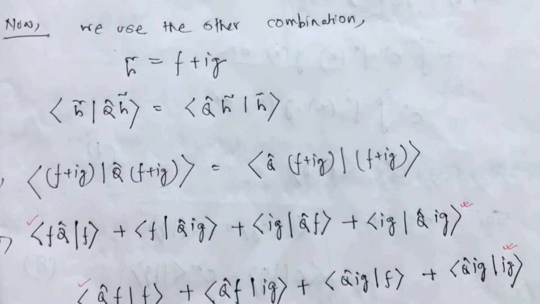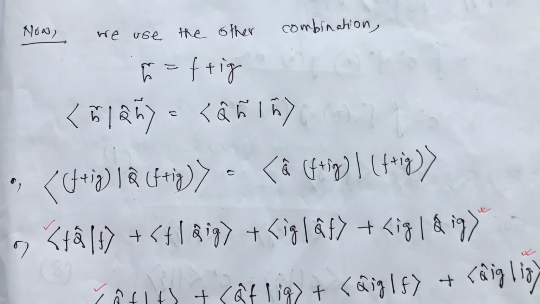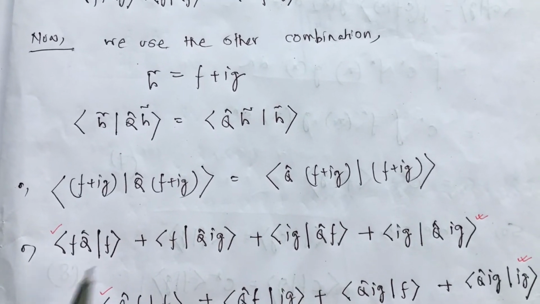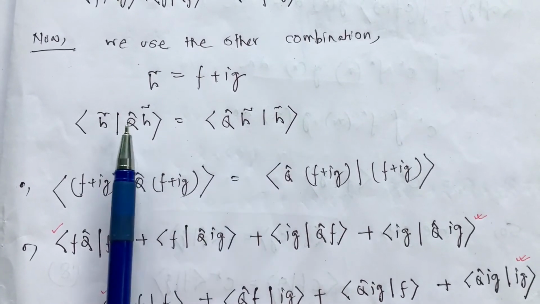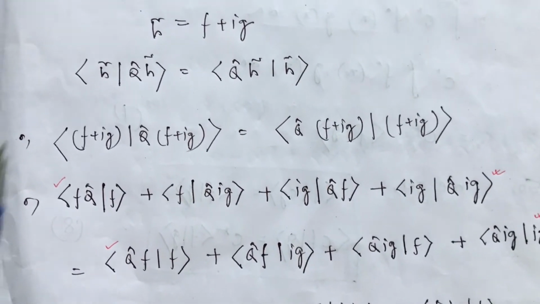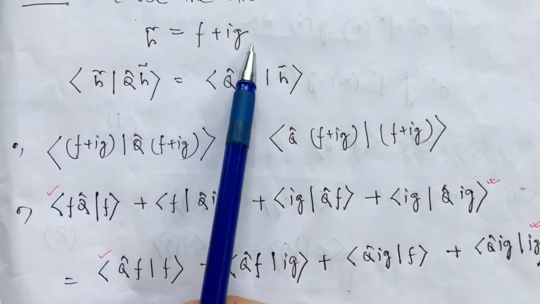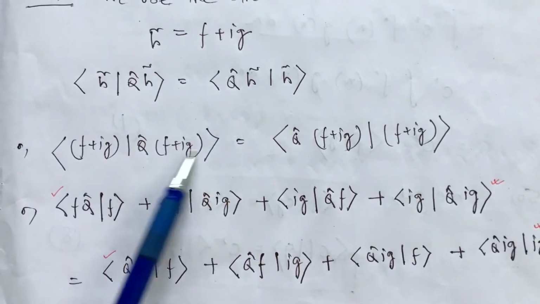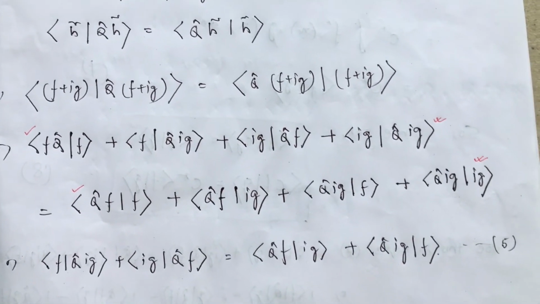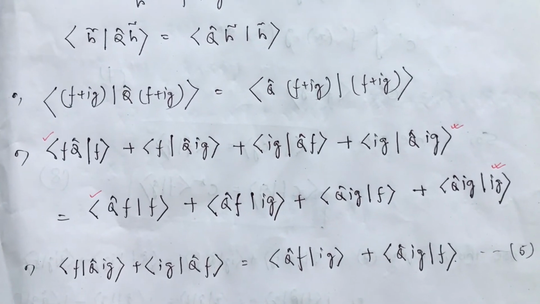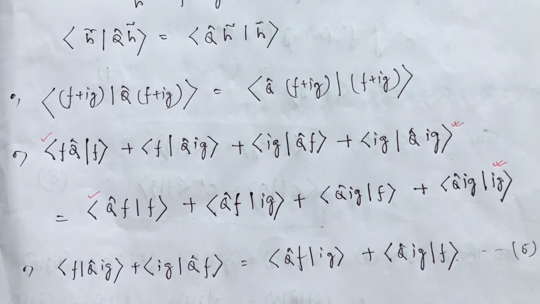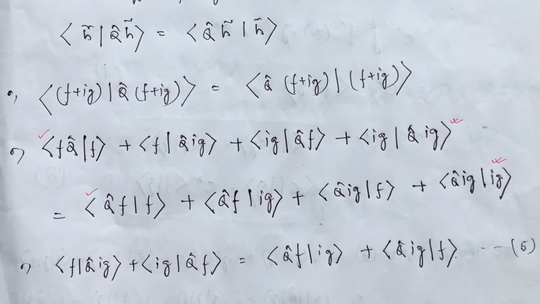Now we use the other combination, h tilde equal to f plus ig. In place of h, I am writing h tilde in equation 1, and in place of h tilde I am writing the linear combination of f and g, just as I did before. I am doing some algebra, splitting up these expectation values, and cancelling similar terms.